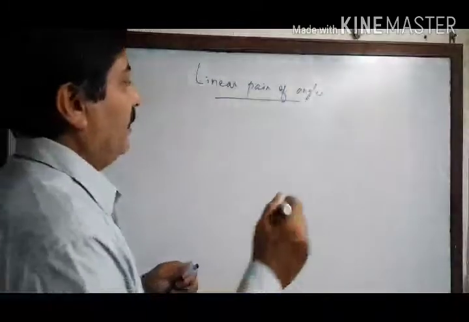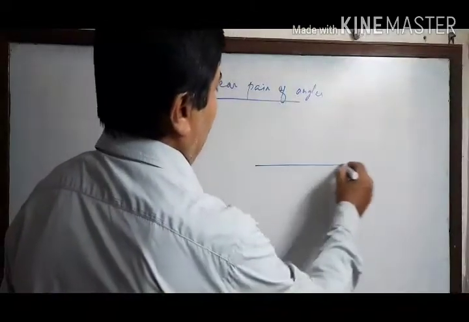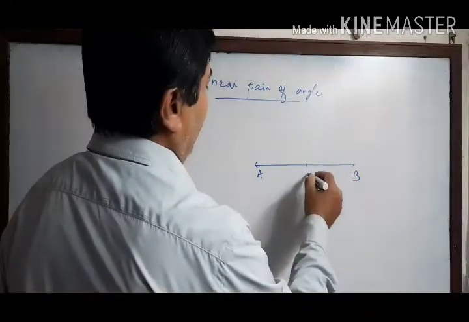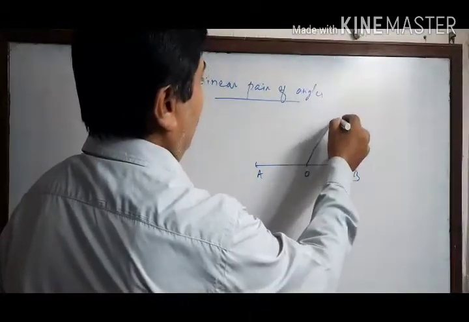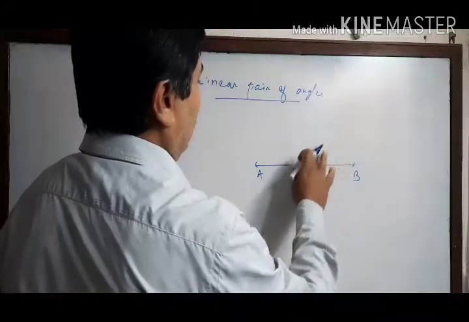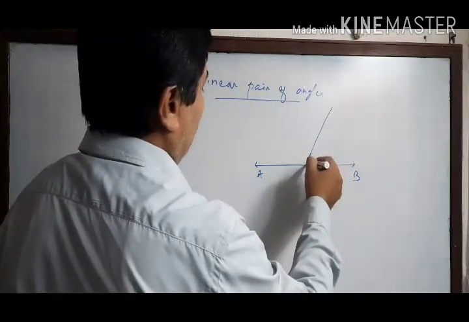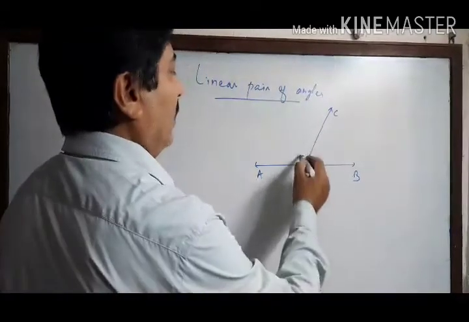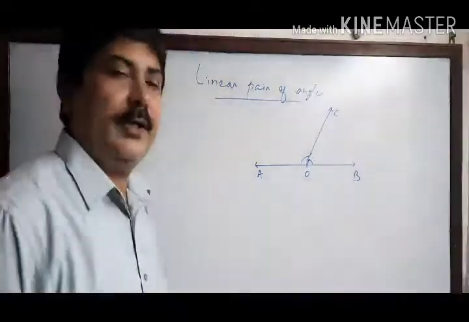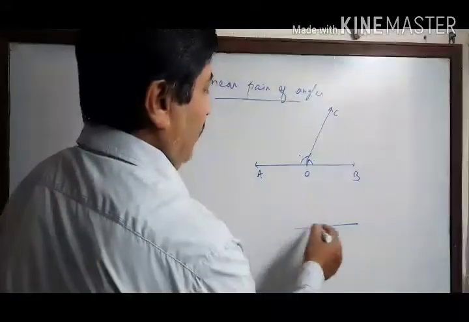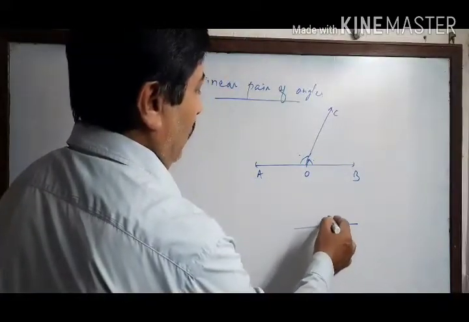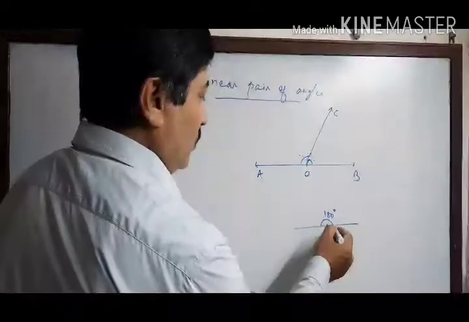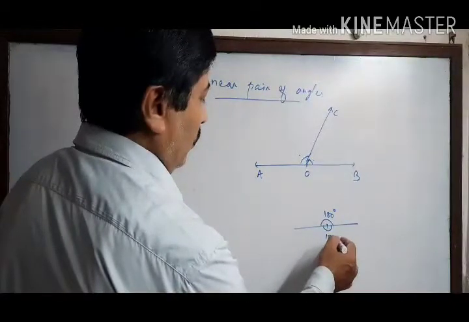That means suppose this is AB, the point is taken O like this, and have a look at this OC. So two angles here, both angles will sum to 180 degrees. Why? At any point on a line, the angle on one side is always 180 degrees. On the other side too, on this side 180 degrees.